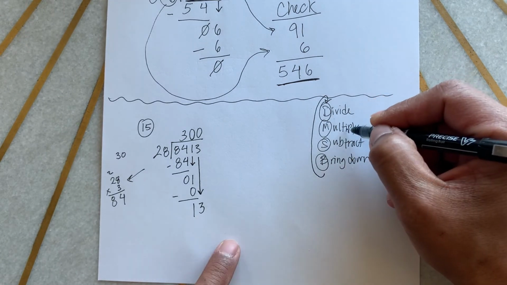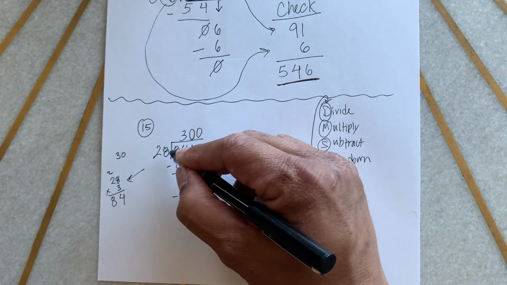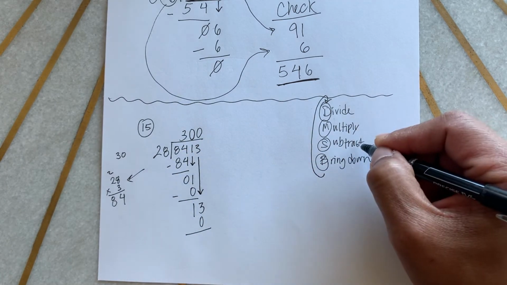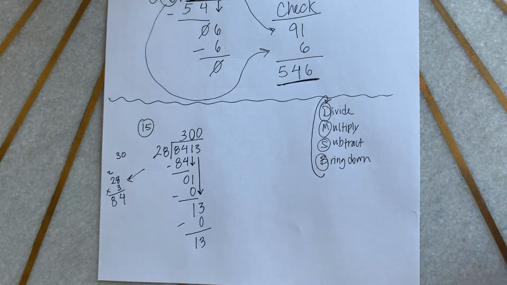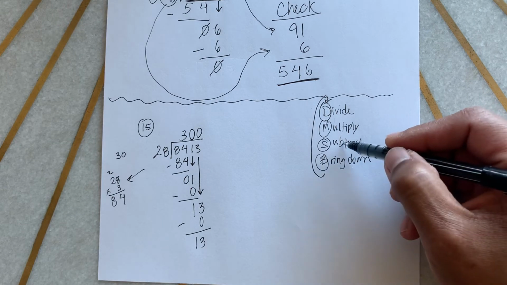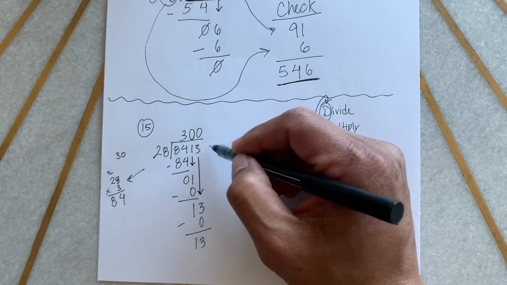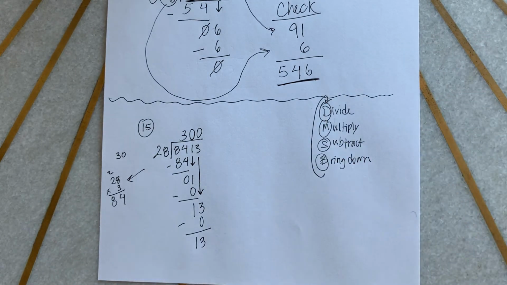And then I'm going to multiply, my next step. The 0 I just wrote times 28 is 0. I'm going to subtract. 13 minus 0 is 13. And bring down. Is there anything left to bring down? No. That tells me that I'm done.